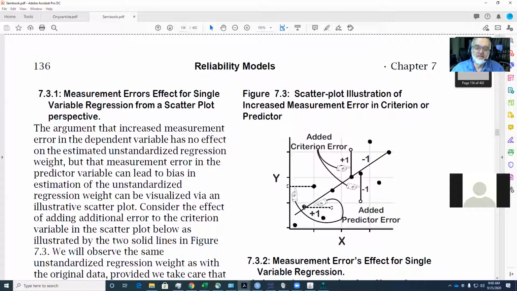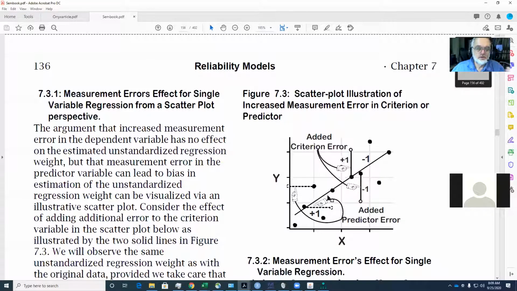They didn't have much error at all in their original version, and I added a point to it. Well, now they've got some error going on here, if you can see my mouse. And similarly, this individual who had a value here, and I subtract a point from them, well, now they're over here. They have a very large point. And so the line is going to change.